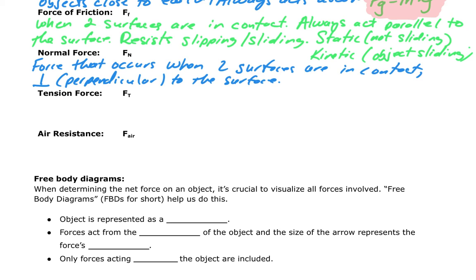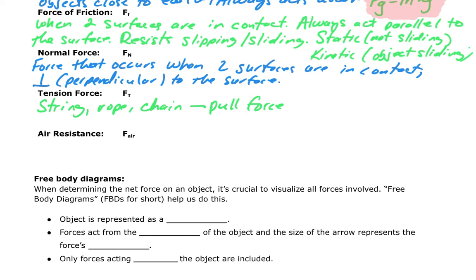Another common force is going to be the tension force. We're going to see that a tension force is just a force associated with something that's pulling usually. So something like a string or a rope or a chain, a lanyard, anything that's associated with a pull force. You won't see a rope pushing. So tension force is not going to be a pushing force.